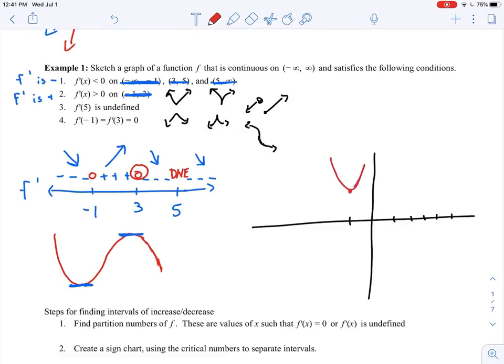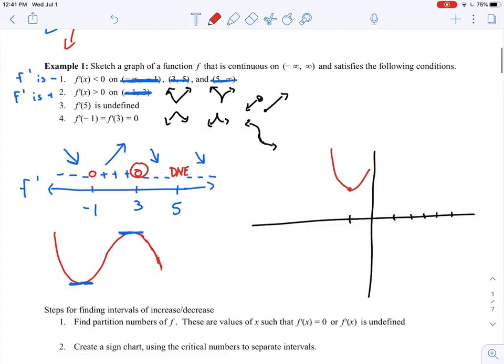As long as it is decreasing on the left-hand side, increasing on the right-hand side, and I have that nice horizontal tangent at the bottom of the curve, it doesn't really matter. So let's just leave it something like that.